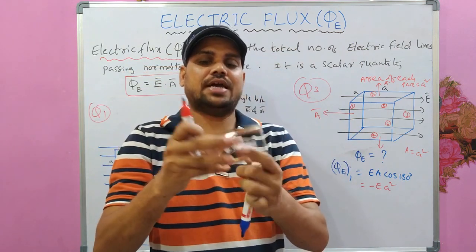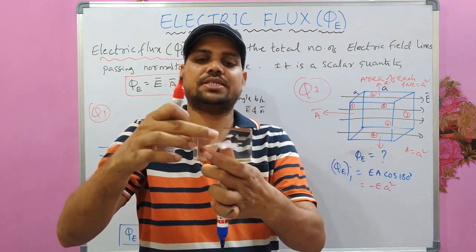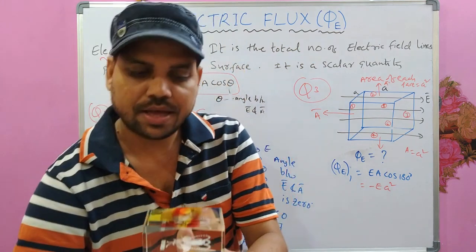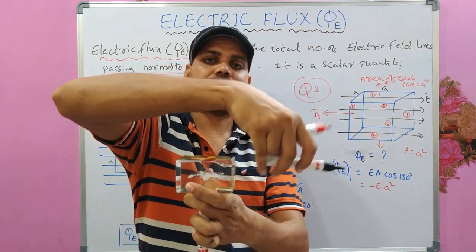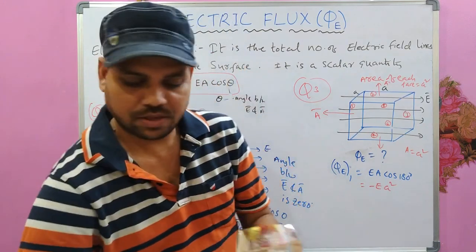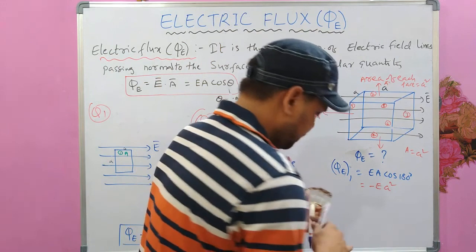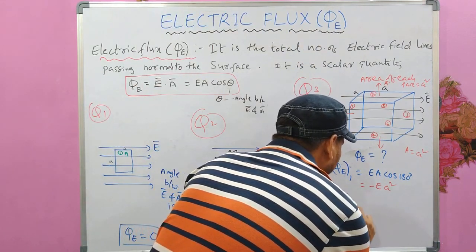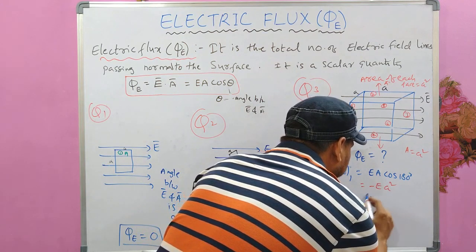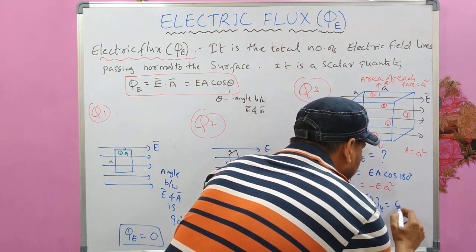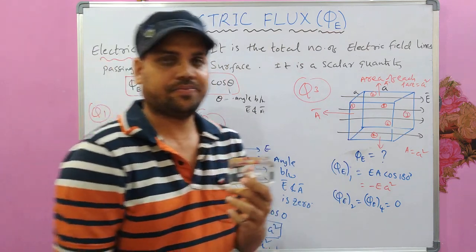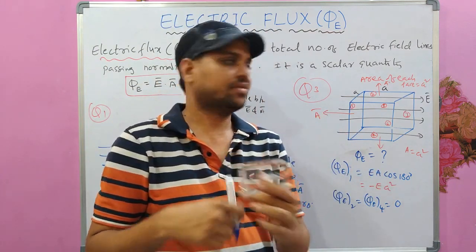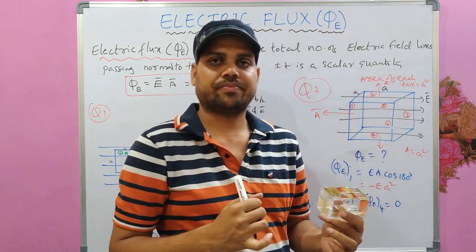Area of the fourth face and area of the second face is perpendicular to the electric field direction. Which means that I can write phi E2 is equal to phi E4 is equal to 0, because cos 90, theta is 90 for this face and this face.